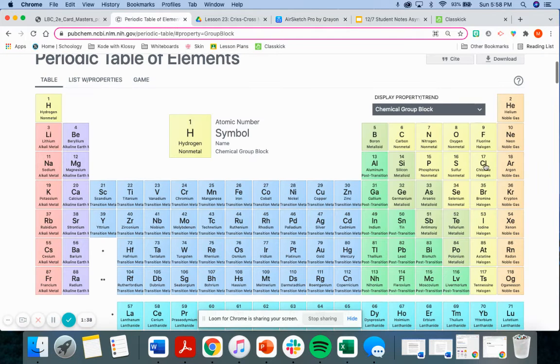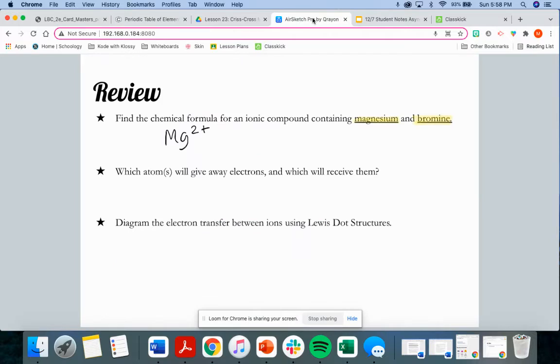Bromine is a halogen in group 7A or 17, so it has 7 valence electrons and wants to gain an additional one to fill its octet. So bromine wants to take on a -1 charge. I'm going to crisscross these values after I erase the positive and negative charges.